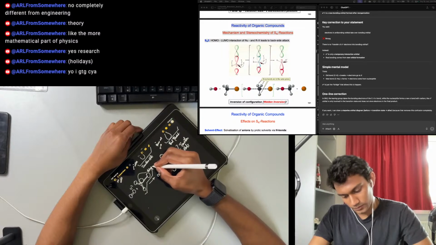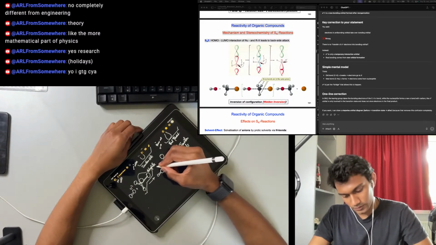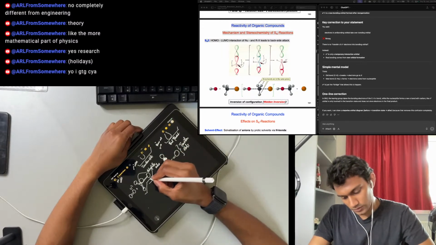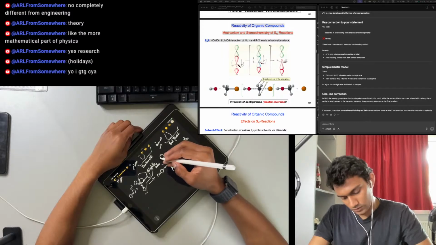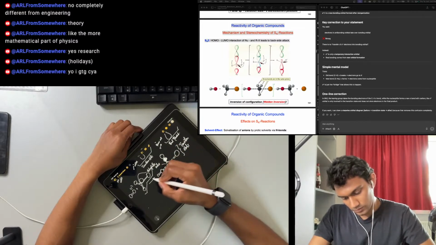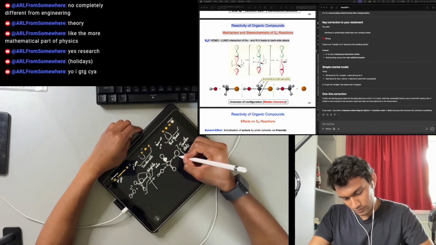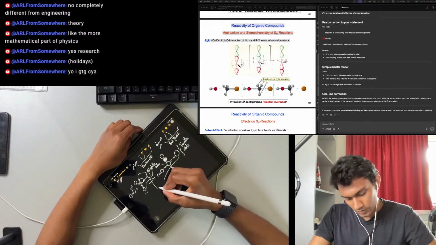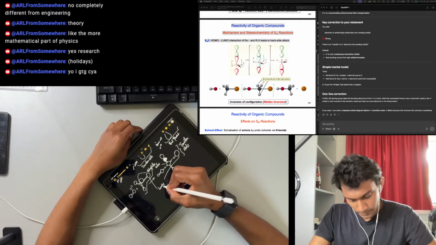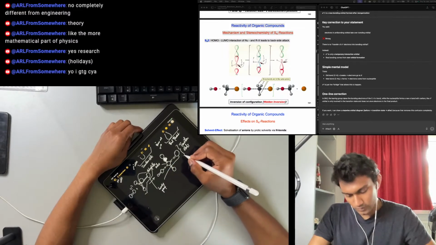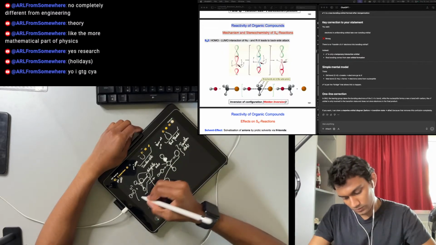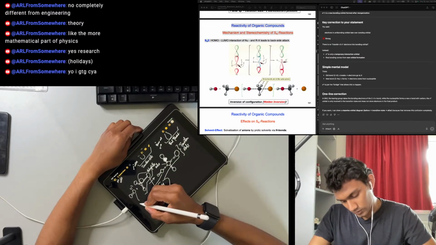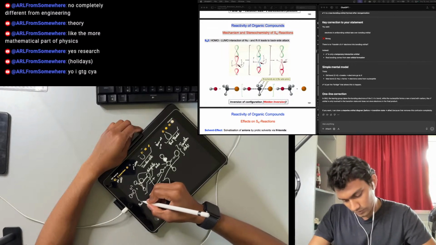Electrophilic center. Leaving group. Nucleophile.